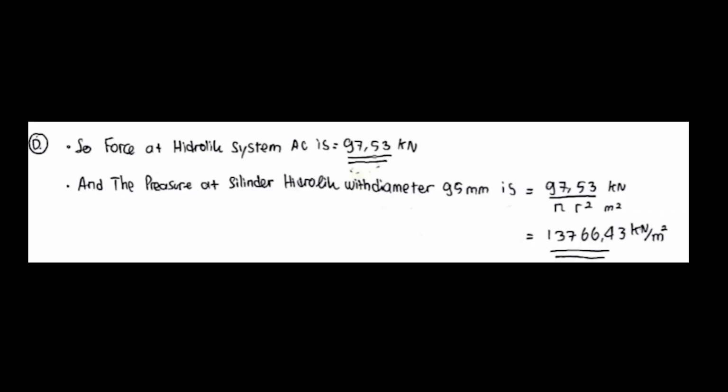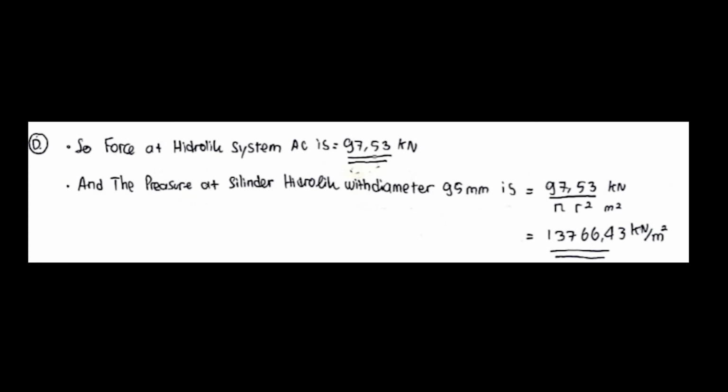And the pressure at cylinder hydraulic with diameter 95 mm is 97,53 kN divided by the area, which is 13.766,43 kN per meter kuadrat.